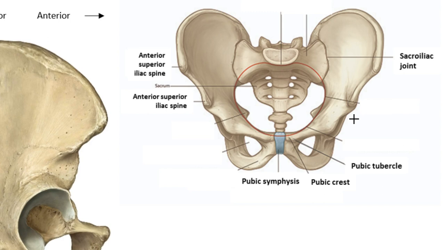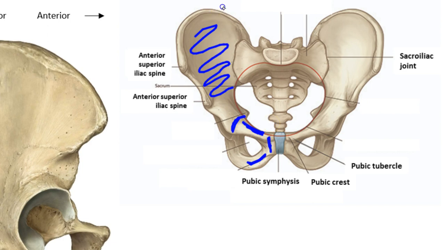So here we can see the ilium, and if we follow this iliac wing down, we can see where it merges into the pubic bone right here. So that's the demarcation line between the pubic bone and the ilium. So then this right here will be the superior pubic ramus, and right in this area would be the inferior pubic ramus with the pubic body right about there.